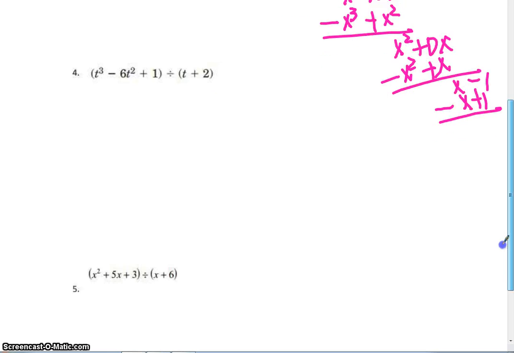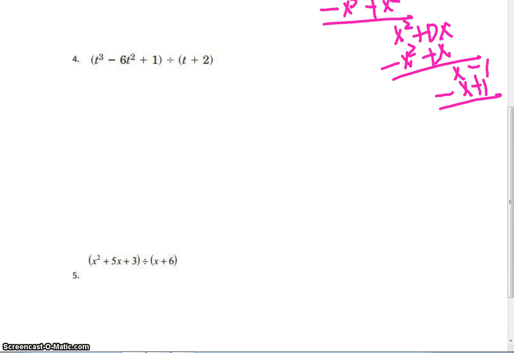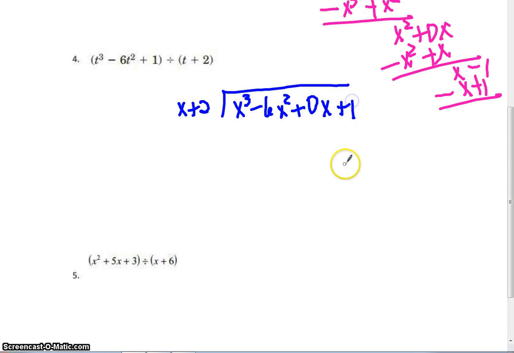Looking at number 4, you're going to have, I'm going to use x's, x plus 2 on the outside. You're going to have x to the 3rd minus 6x squared plus 0x plus 1. So you would have to multiply by x squared, and that would give you x to the 3rd plus 2x squared.